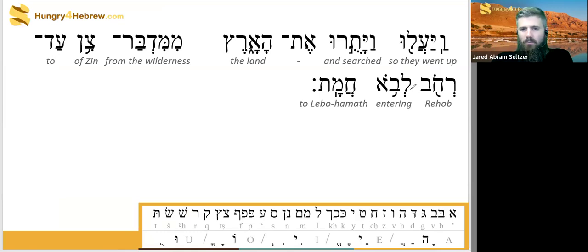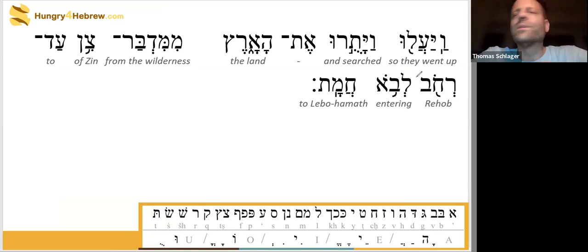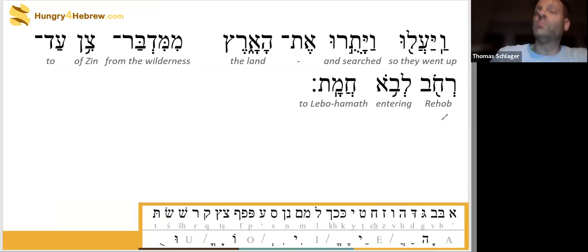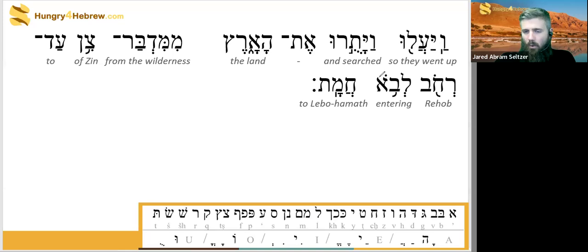Ad Rechov Levo Hamat. All right, what is Rechov? Wideness. Right, wide. In modern Hebrew, a Rechov is a street, but in biblical times, a Rechov is a plaza. So a place that's wide. Levo, what is Levo?